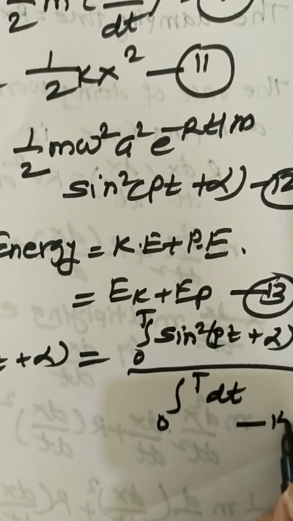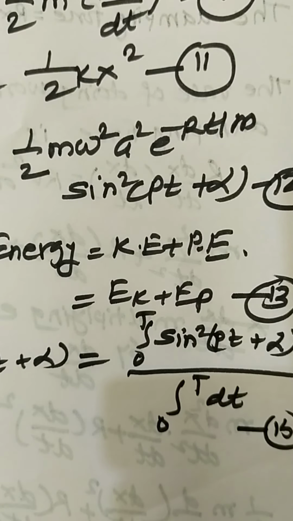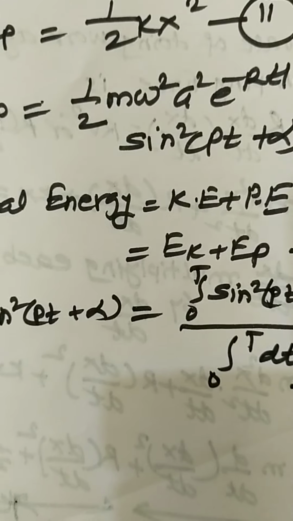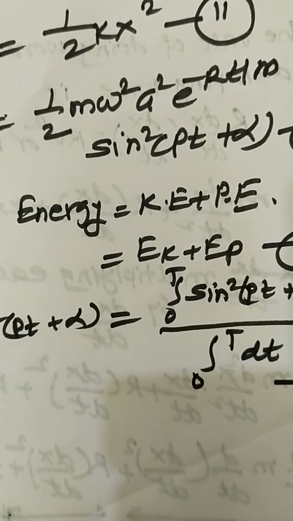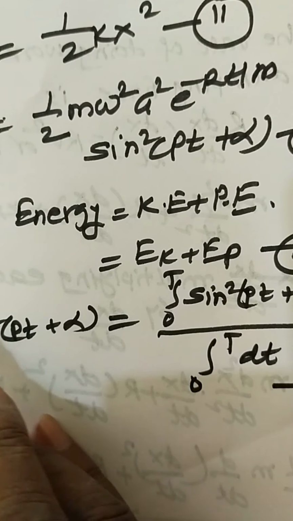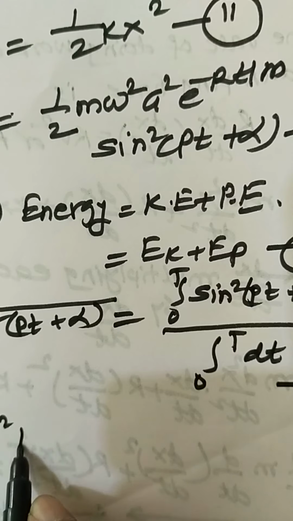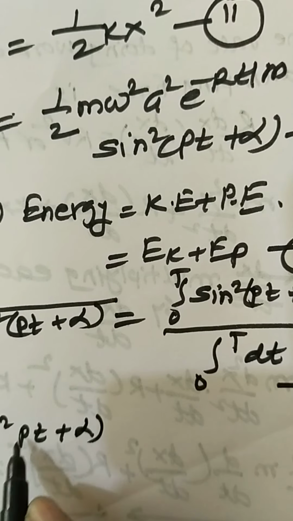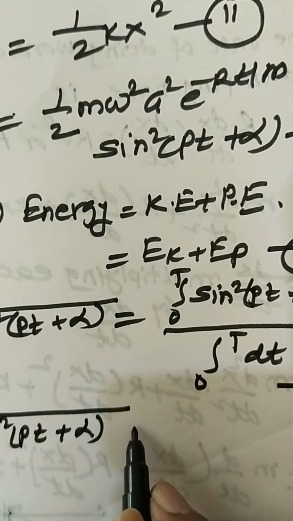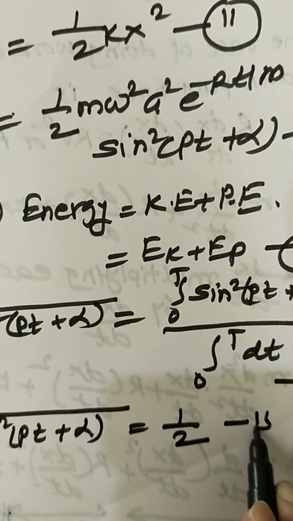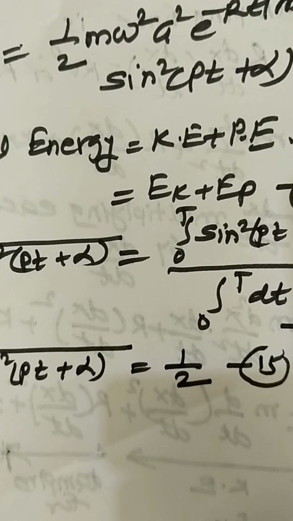This is equation 14. By solving this, the average value of sine squared(pt plus alpha) is equal to 1/2.